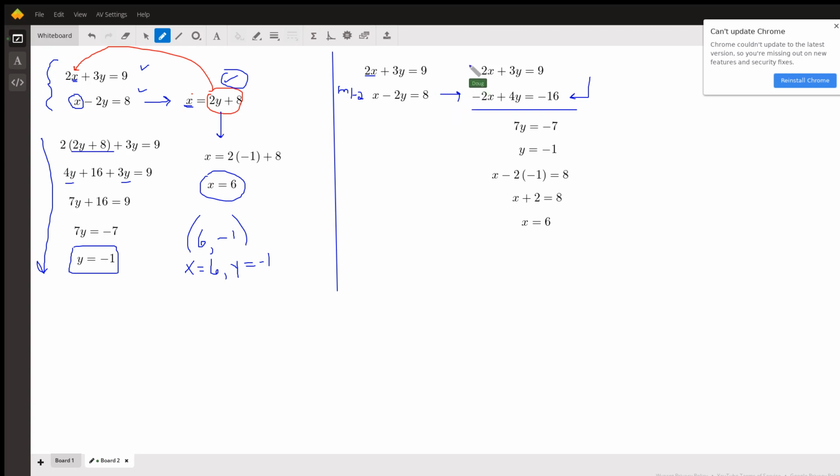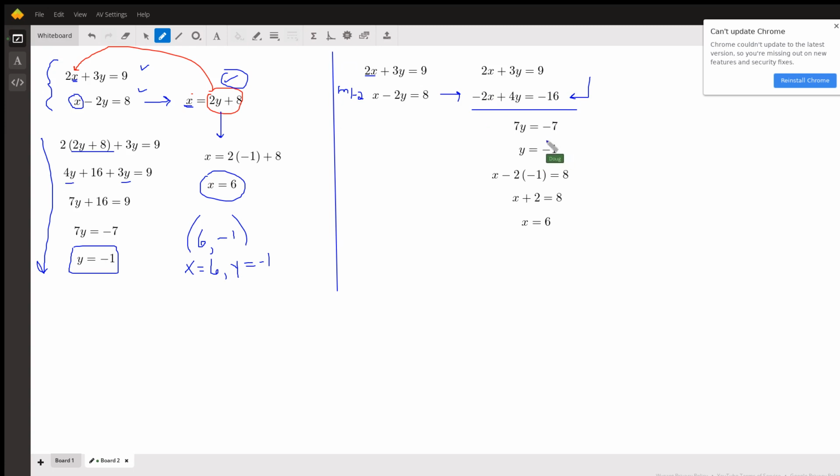And now I'm going to add it to this first equation. And the whole point is that the 2x and the -2x combine to 0x, which we don't usually show. Okay, but 3y plus 4y is 7y, 9 plus -16 is -7, y equals -1. What we're doing is adding equals to equals. If you add equals to equals, the results are still equal.